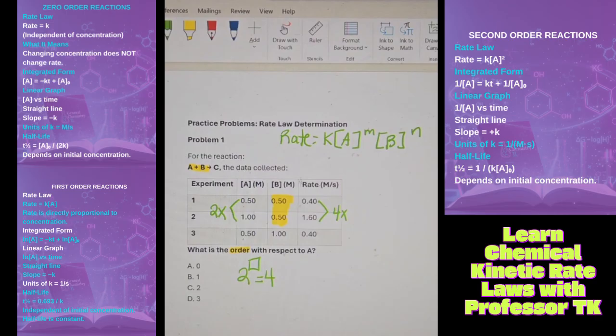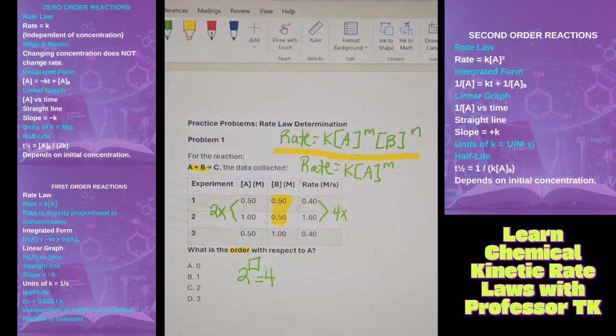This is your standard formula, but it could change. You could also have rate equals K times A to the M, where it could be squared. I'm going to get to that in a moment.